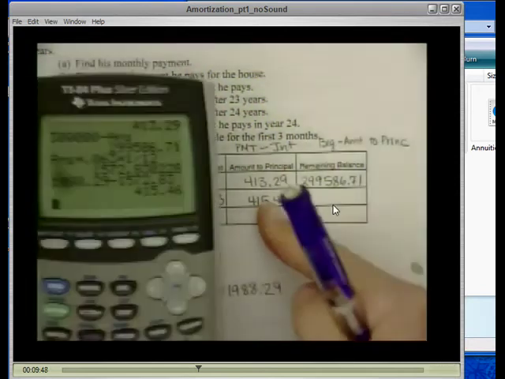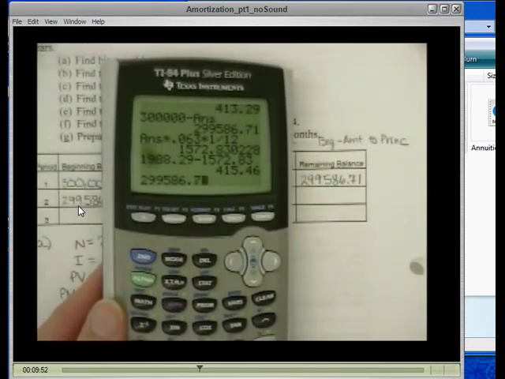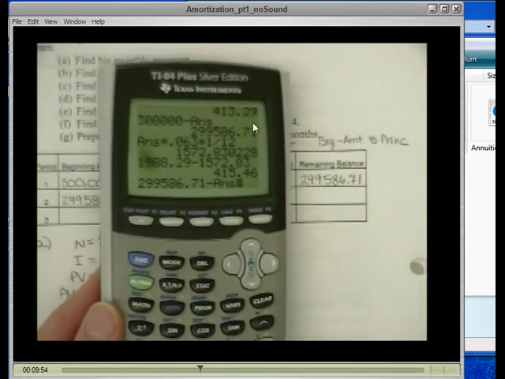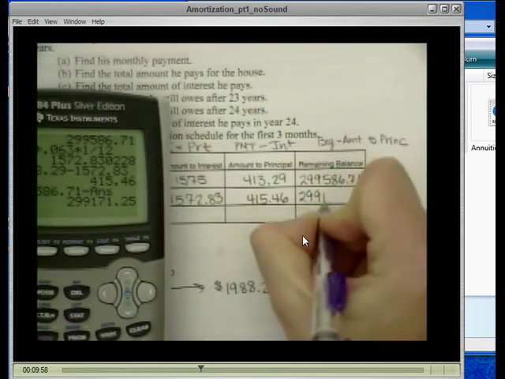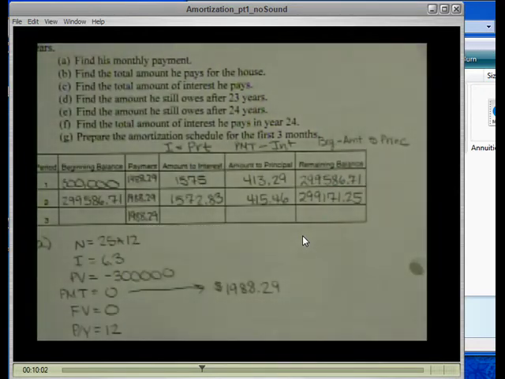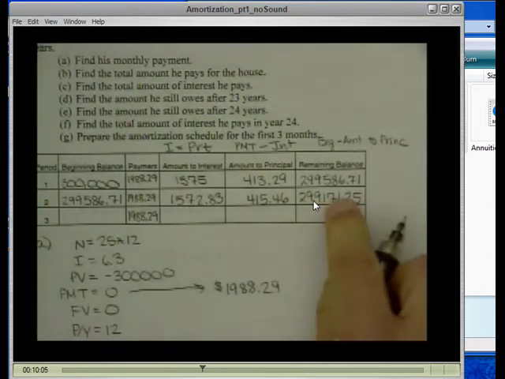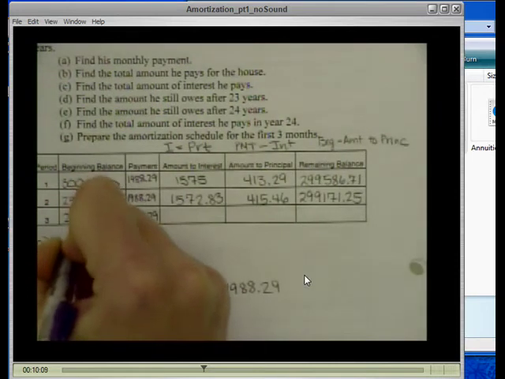So to get the remaining balance, it was the beginning balance of period 2, that $299,586.71, minus that. So that's how much we still owe at the end of the second month. And then the balance at the end of the second month becomes the balance at the beginning of the third month.